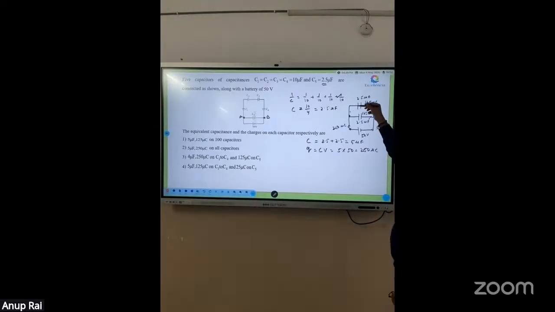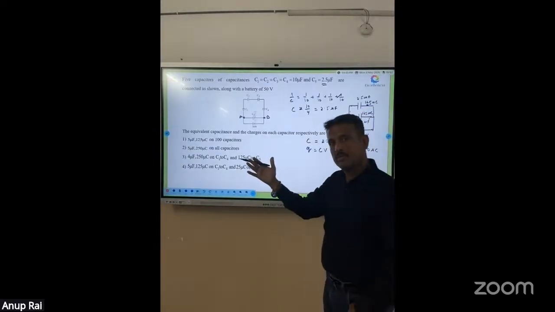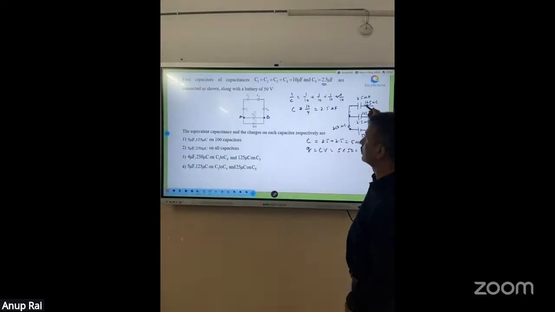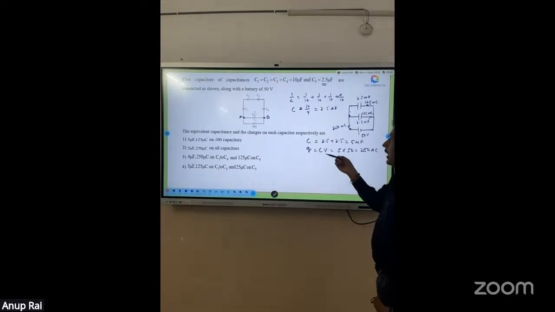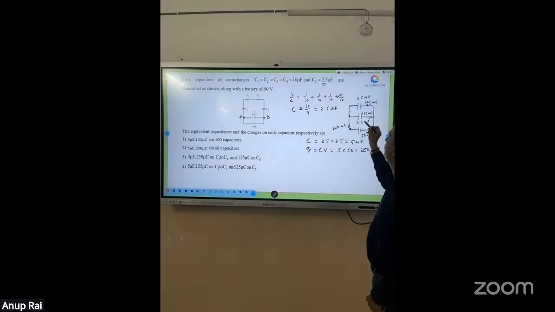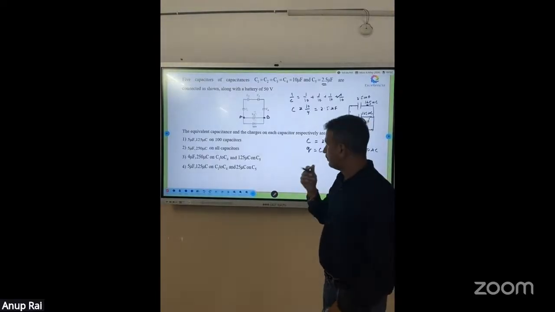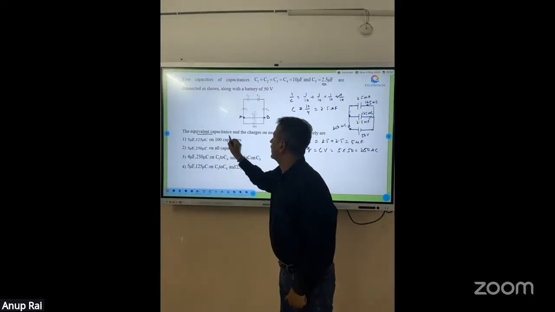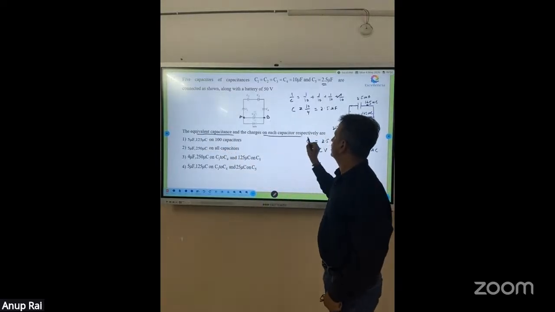Since this whole series equivalent is getting 125, in series all the capacitors will get equal charges. So all C1, C2, C3, C4 are going to get the charge 125 microcoulomb, and the rest, C5, is also going to get the same 125 microcoulomb. They are asking the equivalent capacitance and the charges on each capacitor.